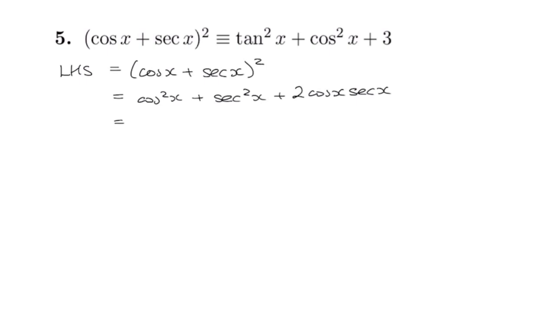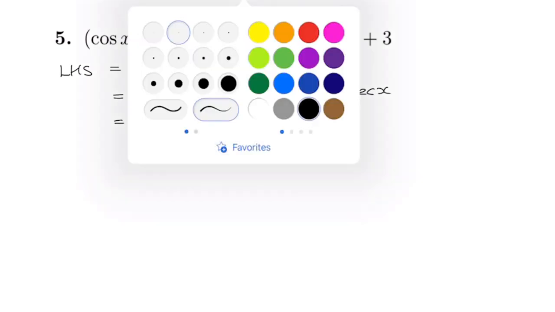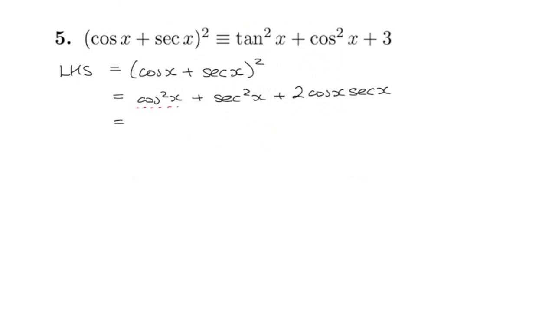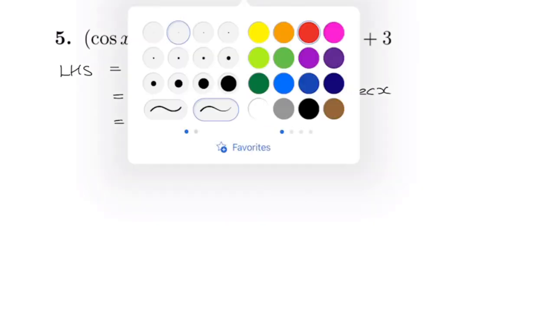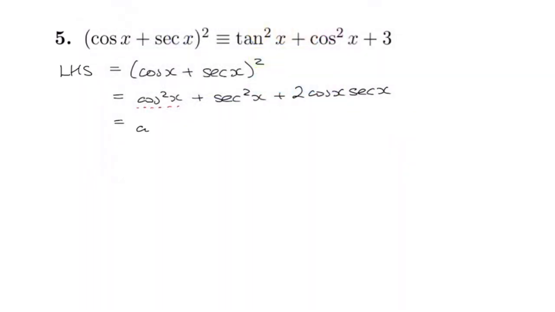So I'm going to leave the cos squared x because I need that in the final answer. I'm going to swap the sec squared x for 1 plus tan squared x. And of course, the last term you've got 2 cos x, and sec x of course is 1 over cos x.